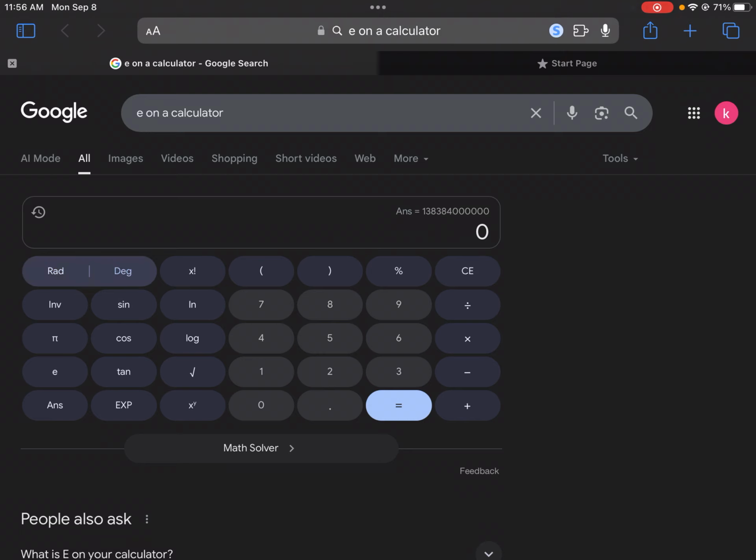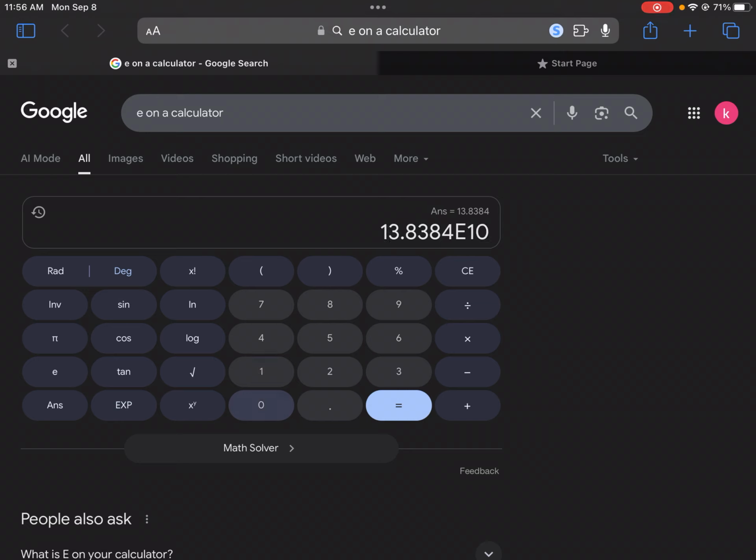Let me make sure I'm in degrees. So we got 3.72 squared, and I'm just plugging in. I'm going to go ahead and square it. Exponent. Our exponent was 10. All I'm doing is plugging in.